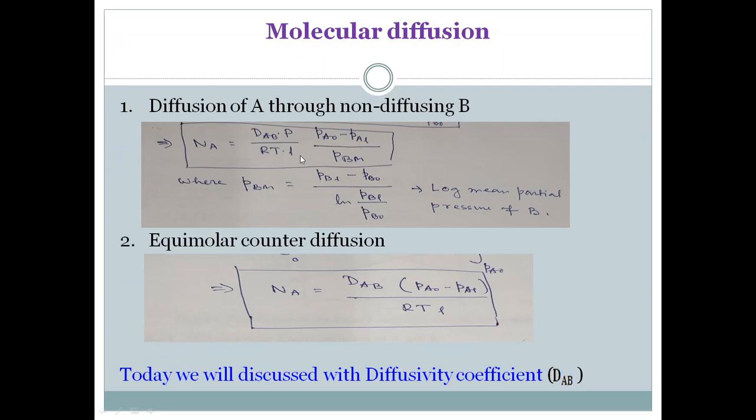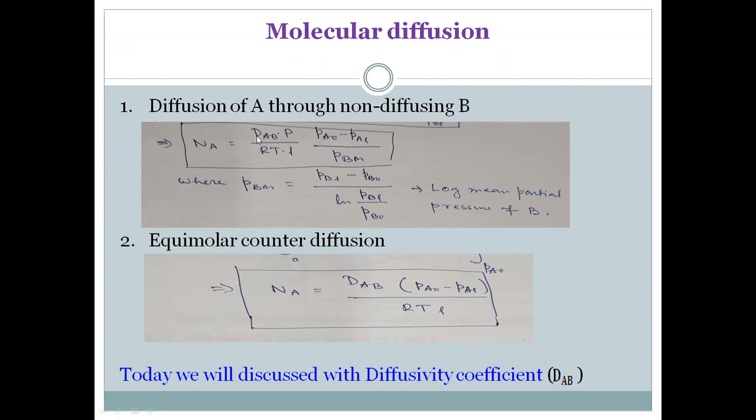And we have already seen the boundary layer thickness. It is more or less fixed for a particular system for laminar flow. Another thing, you can increase this flux by increasing the diffusivity coefficient, or diffusivity.